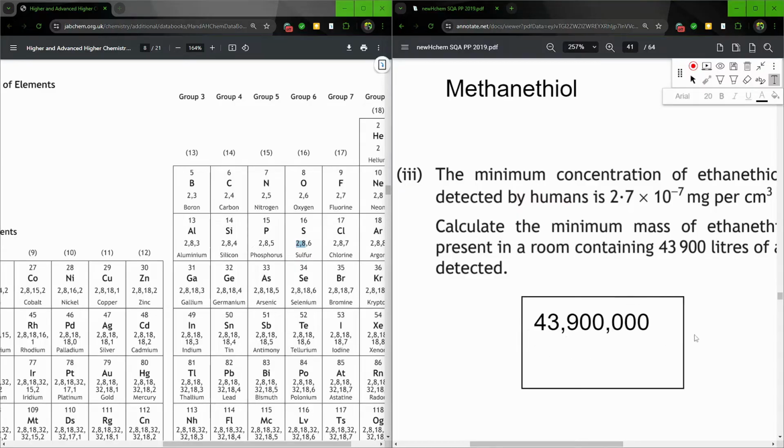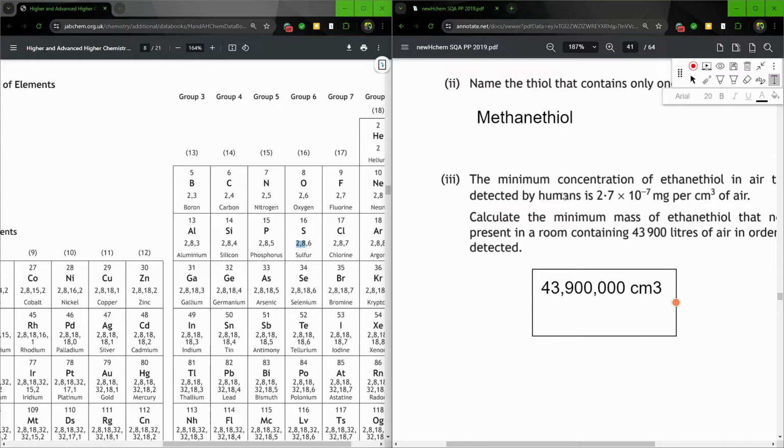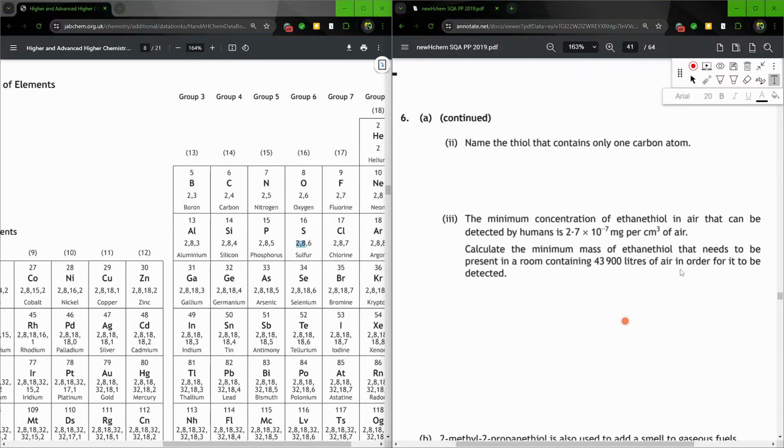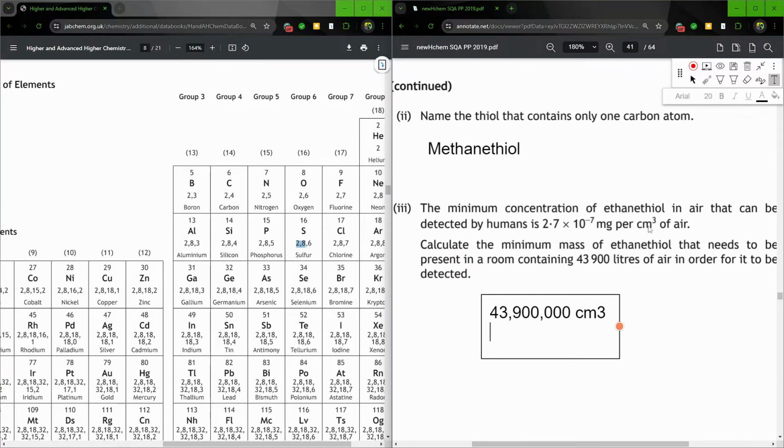Cubic centimeters, and then this is milligrams per cubic centimeter of air, so we want to times this by 2.7 times 10 to the negative 7, and then this is in milligrams, so we'll have to convert it to grams or something sensible.